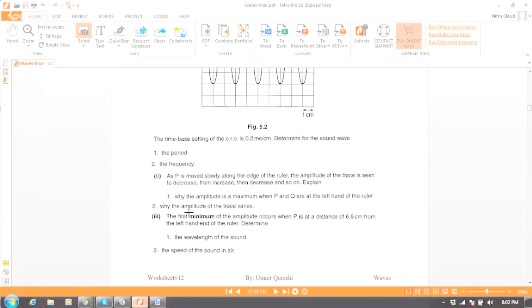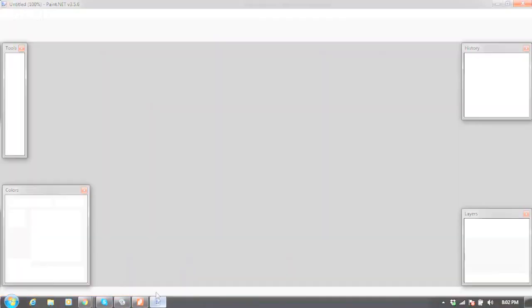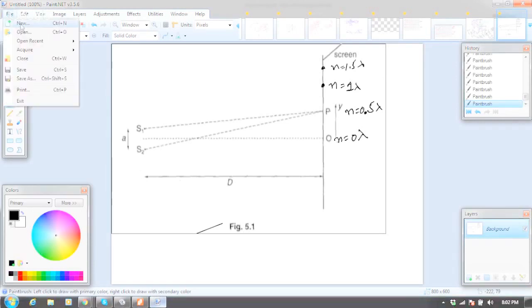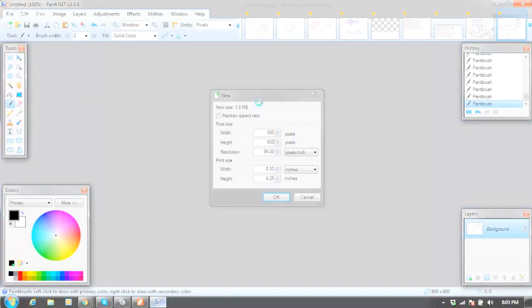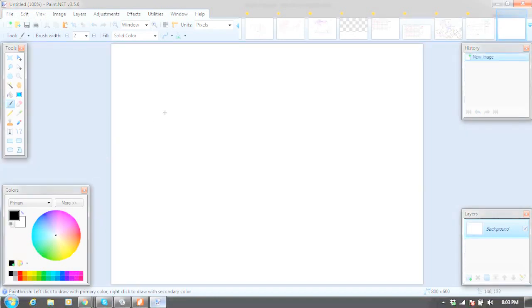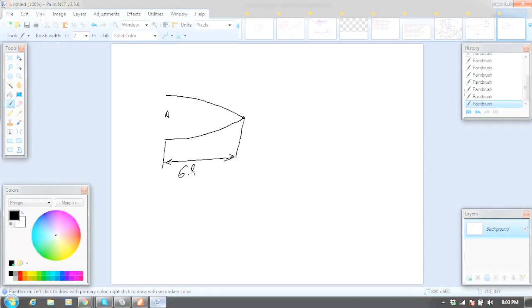So if I imagine the situation, the first minimum after a maximum is formed at a distance of 6.8 centimeter, and that is lambda by 4. Hence you can find the value of this. You have the value.